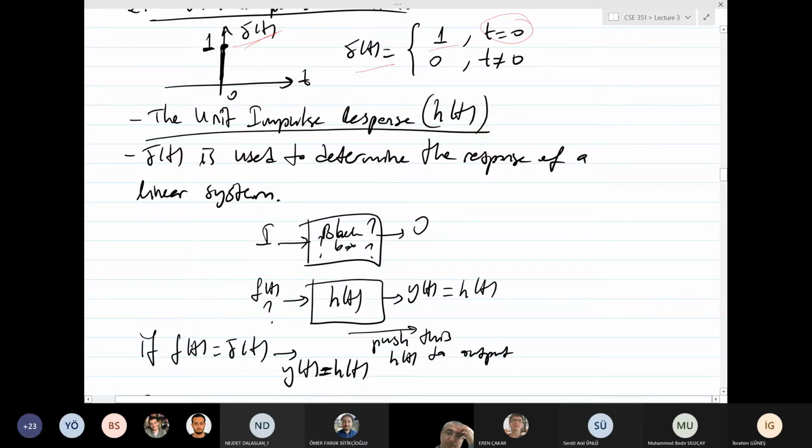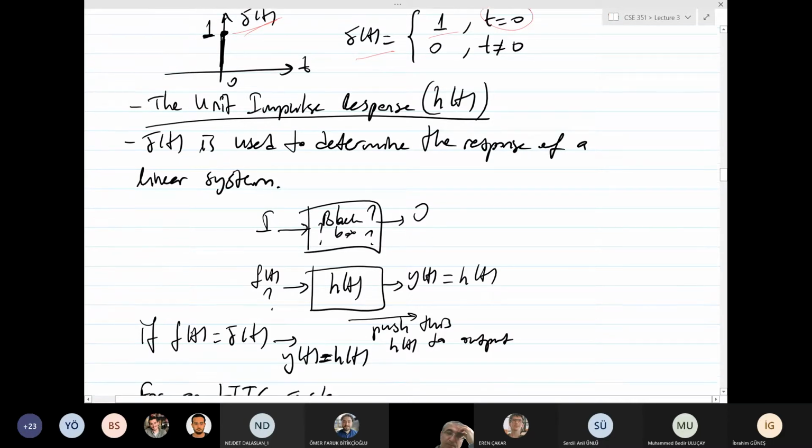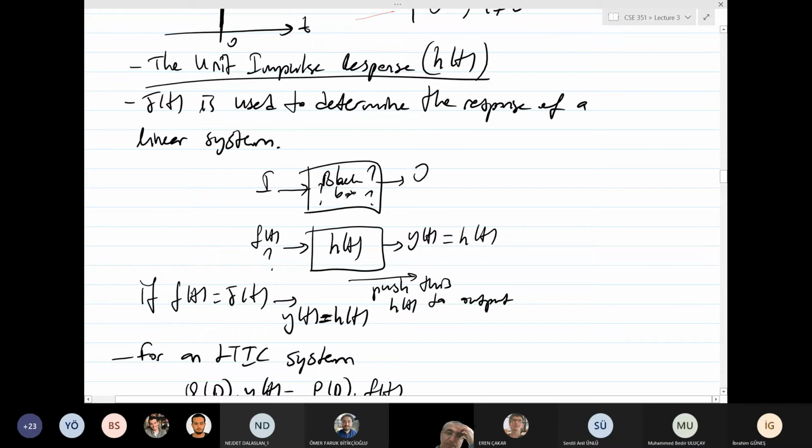So the impulse function is used to determine the response of a linear system. In practice, this is what we call reverse engineering. So you got a black box.